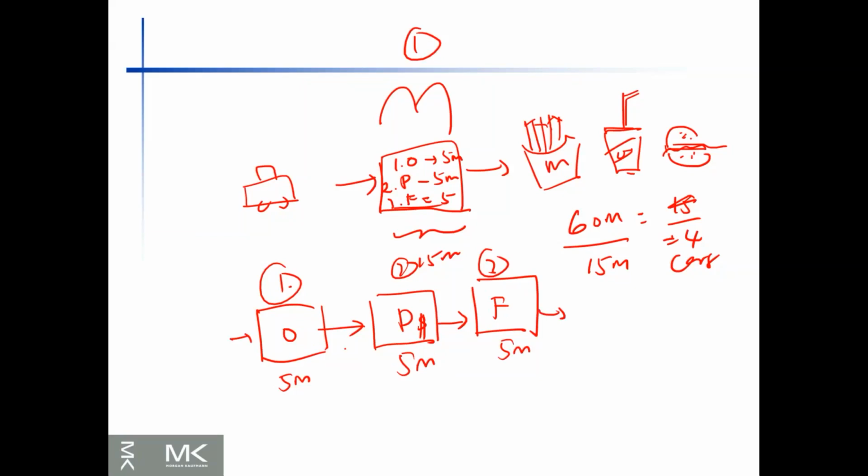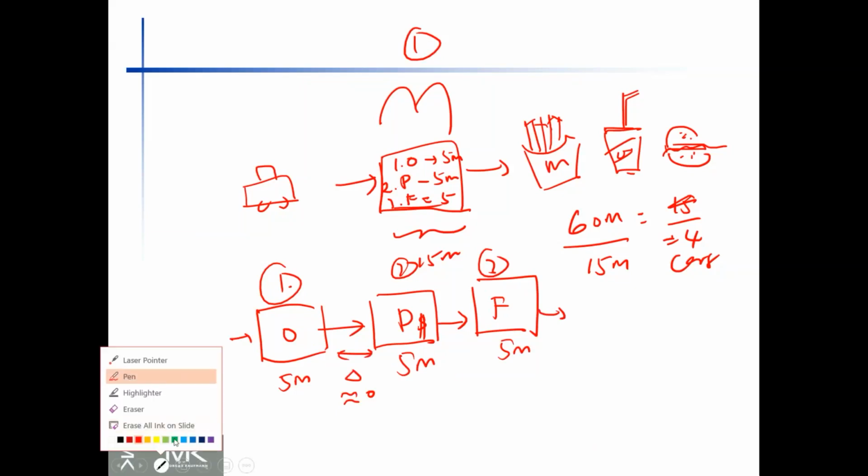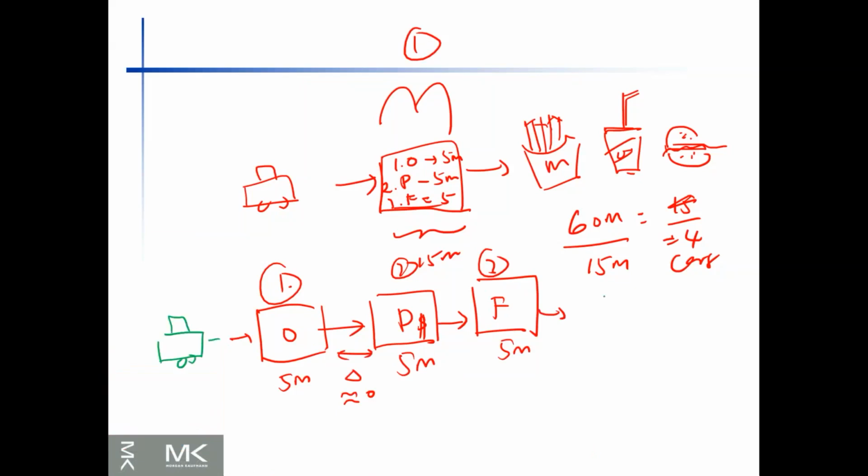And assuming the delay between these is negligible, we just want to make our case simple. Again, if a car comes in, it's going to take 15 minutes to get the food. So that's pretty much the same. But what you can see here is that there's a little bit of an interesting thing to see.